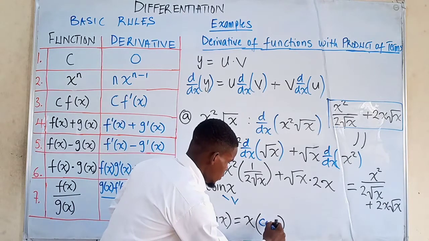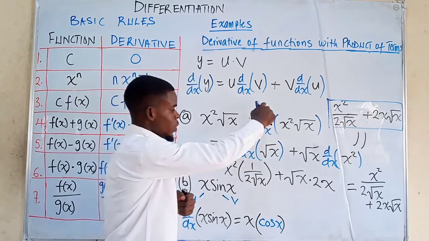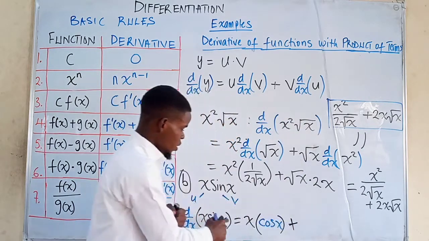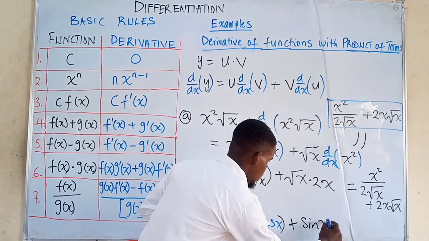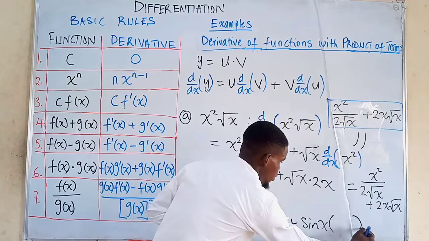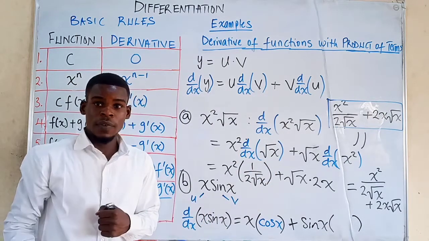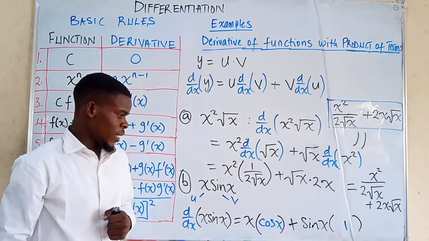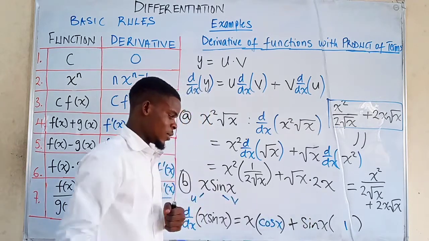So the derivative of sine x is cosine of x, and then we add it with, we keep the v this time, so the v here is sine x. So we keep the sine x, and then we differentiate our u, which is x. So the derivative of x with respect to x is just 1. So what we enter with here is x times cosine of x plus sine x times 1.